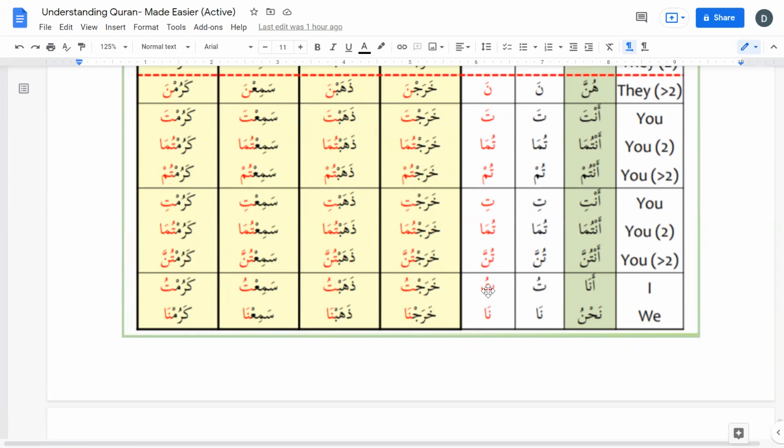The attached fa'il that comes with fe'l madi for I is tu. So for ana: kharajtu, zahabtu, sami'tu, karumtu. And for nahnu, it's na: kharajna, zahabna, sami'na, karumna.